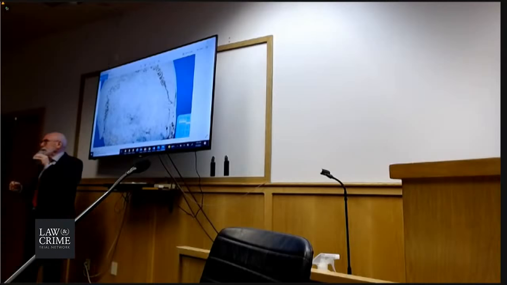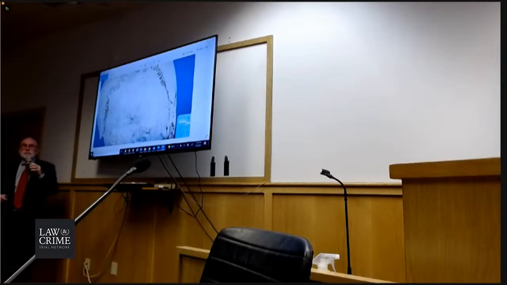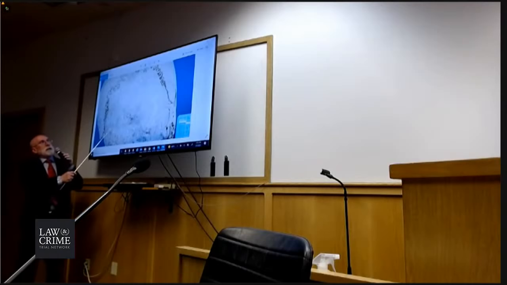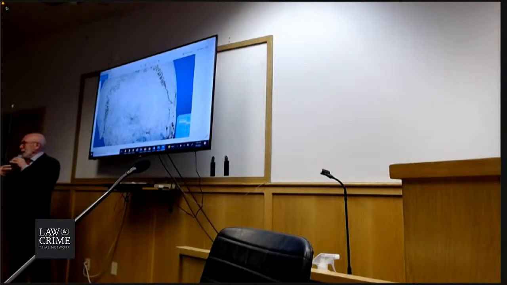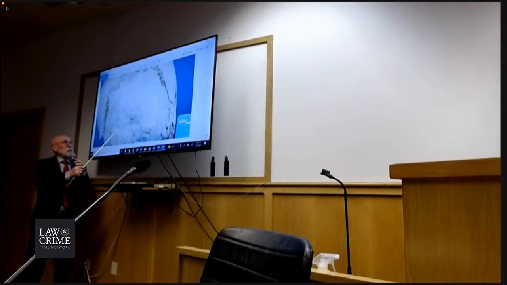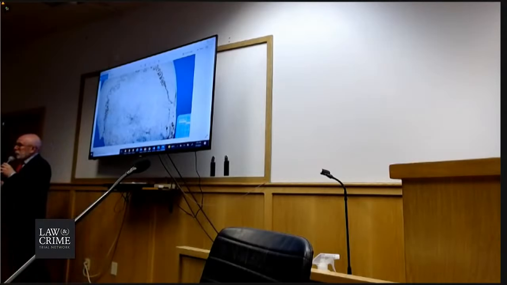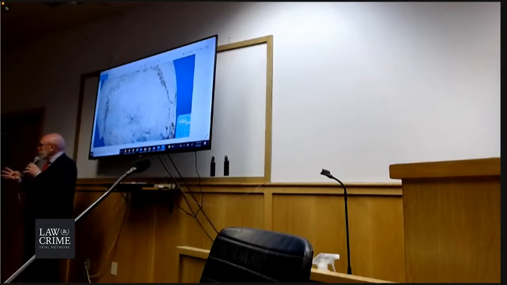It's better when I'm looking at something that's printed. And the reason being is that if you look at a screen like this, it's projected light. And the resolution that you see with a screen like this is not as great as the resolution that you would see on a printed piece of paper.